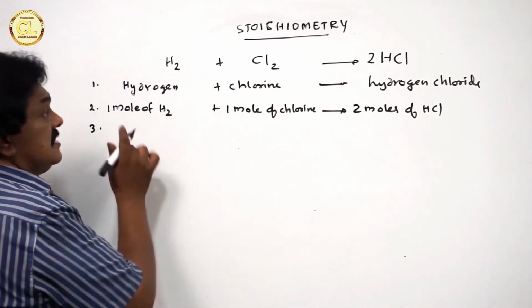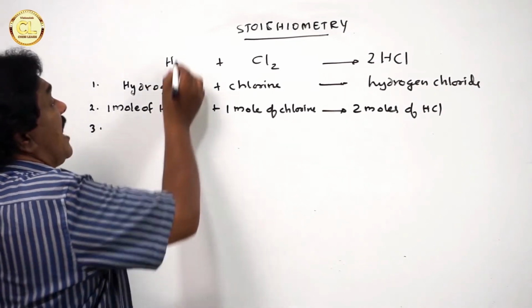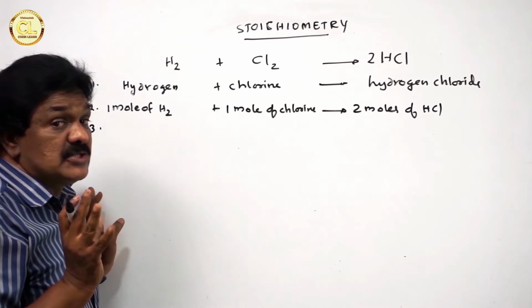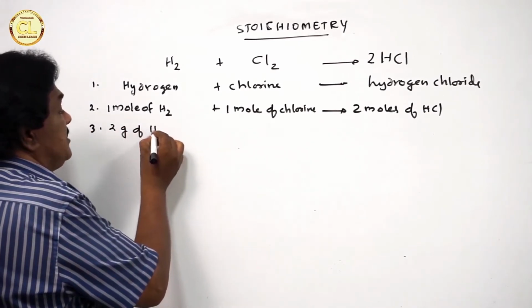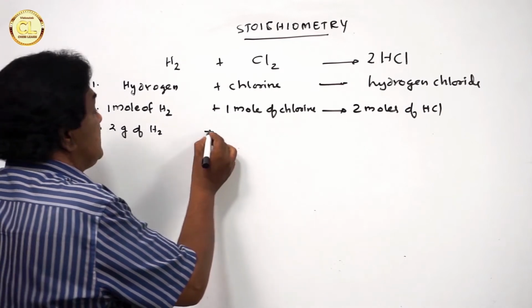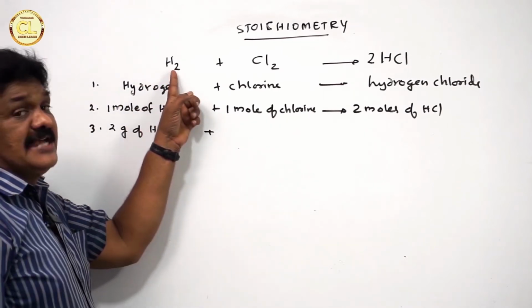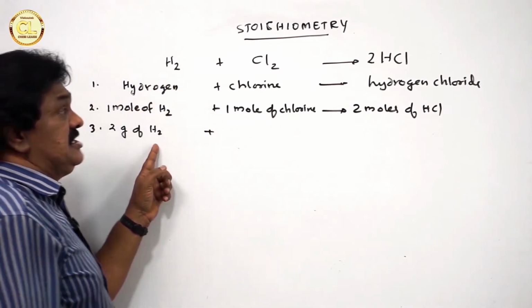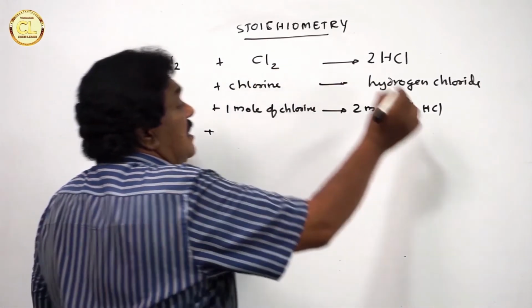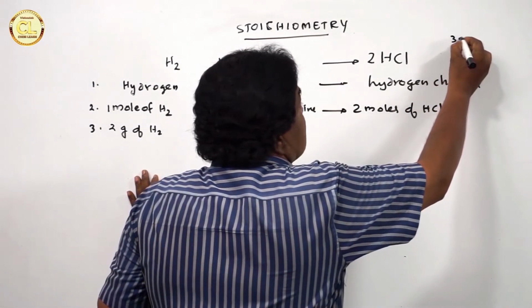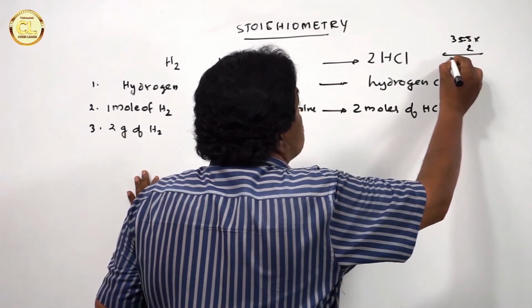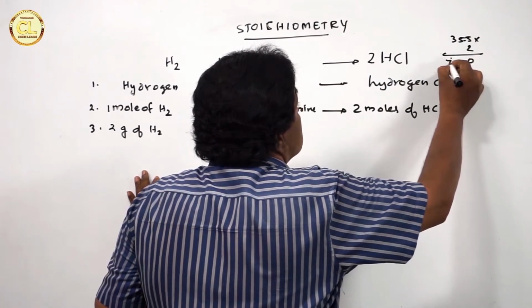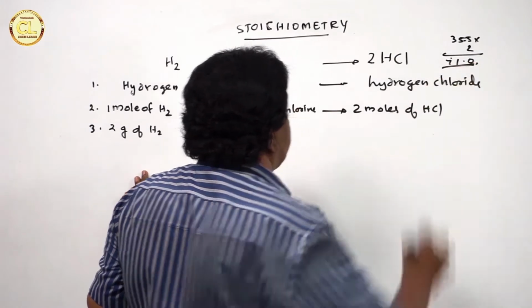See, the third meaning is this. 1 mole of hydrogen means the gram molecular mass of hydrogen, that is 2 grams of hydrogen, since there are 2 hydrogen atoms, plus chlorine. The atomic mass of chlorine is 35.5, so 35.5 into 2 is equal to 71.